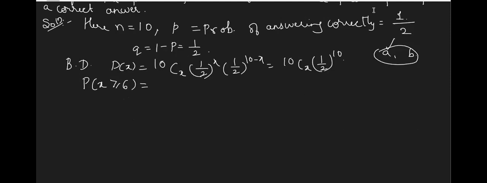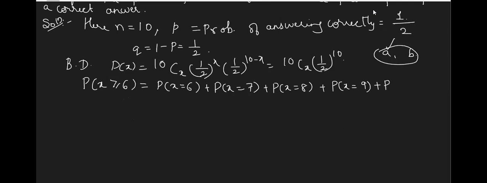Shall I take the complement or go straightforward? Straightforward is better. So x greater than or equal to 6 means 6, 7, 8, 9 and 10, because only 10 questions are asked and I can't go beyond 10. Everywhere (1/2)^10 is going to come out.